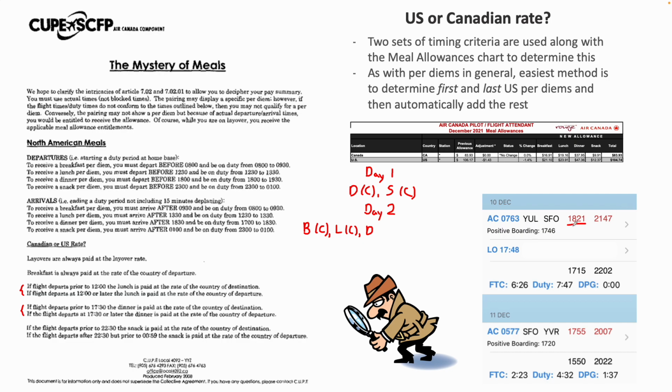The flight departed Montreal for San Francisco at 6:21 p.m., so that would be after 5:30, and accordingly the dinner is paid at rate of country of departure. That is Canada as well. For snack per diem, we can see that the flight departed prior to 10:30 p.m., clearly, since it left at 6:21 p.m. So snack would be at the US rate.